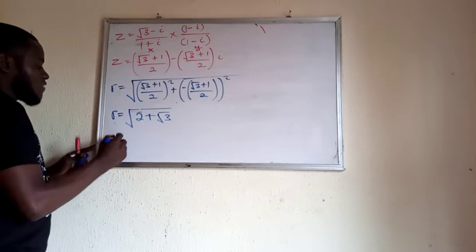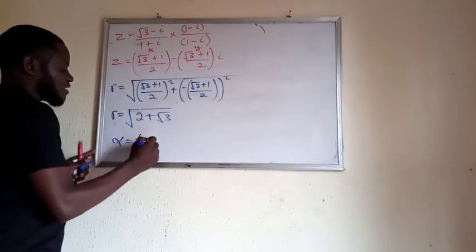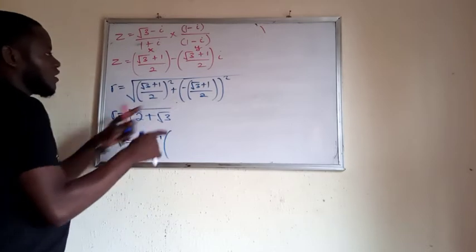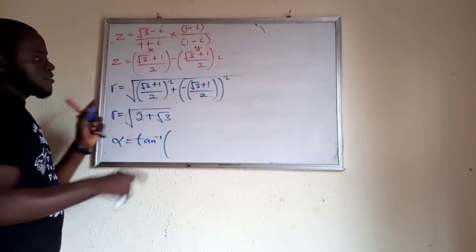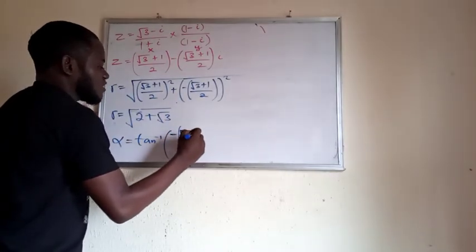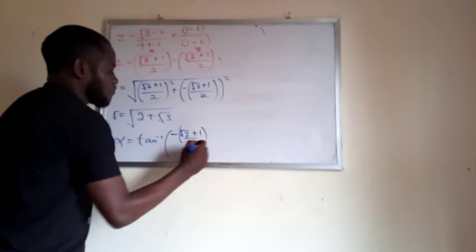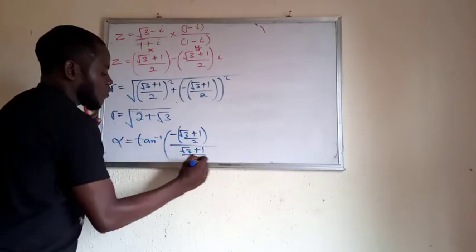So we have that alpha is equal to arctan of, this is going to be our y now, and this is our x, so negative (root 3 plus 1) divided by 2, then divided by (root 3 plus 1) over 2.